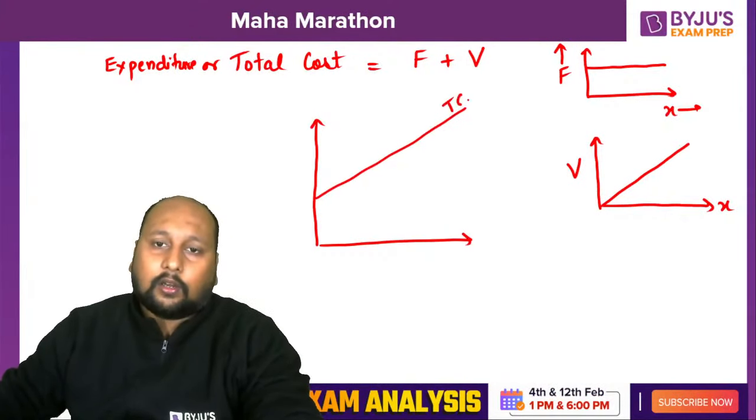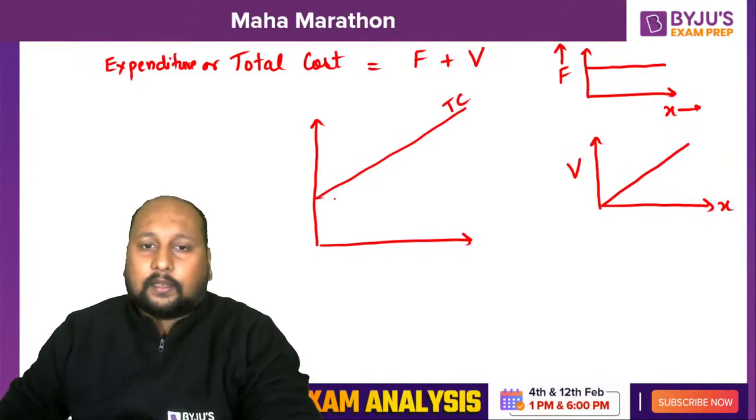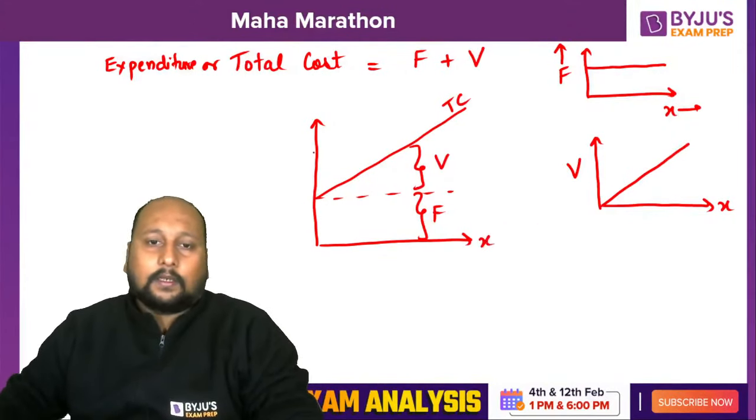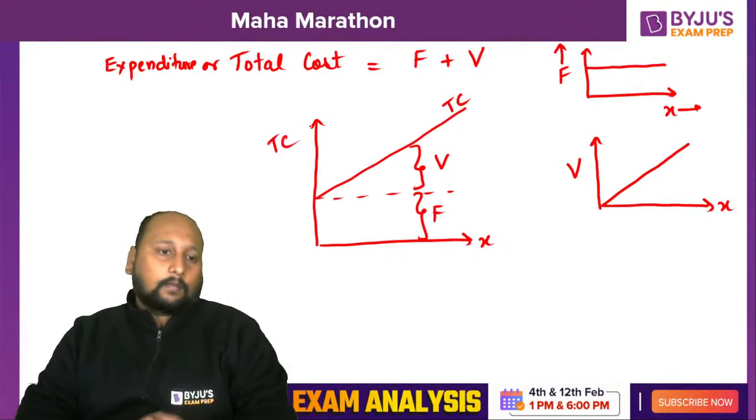This is your total cost. This is the fixed price or fixed cost. This is the variable cost. Is this clear? This is X versus total cost.